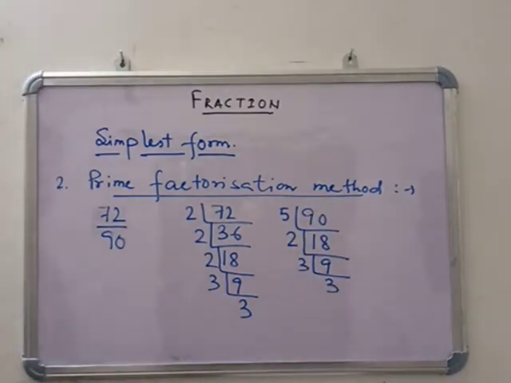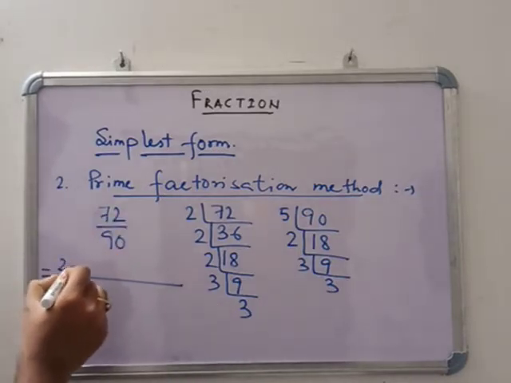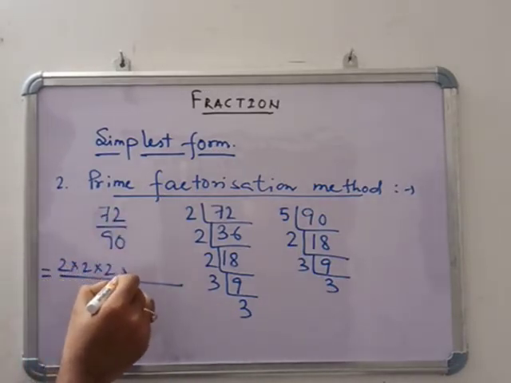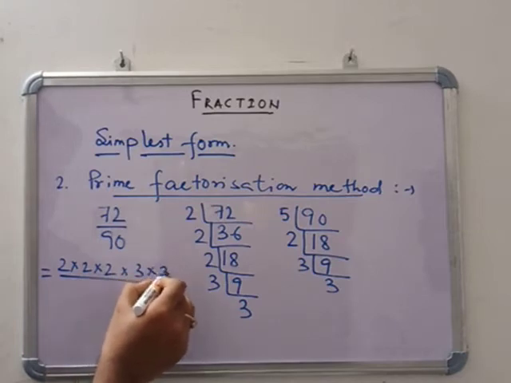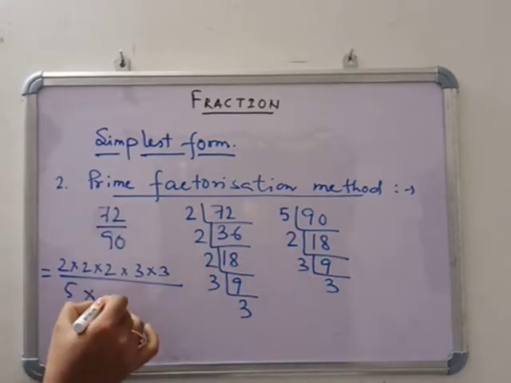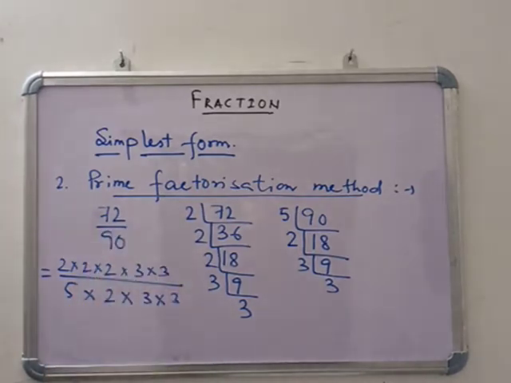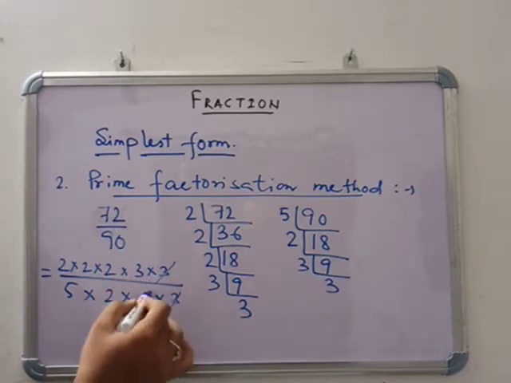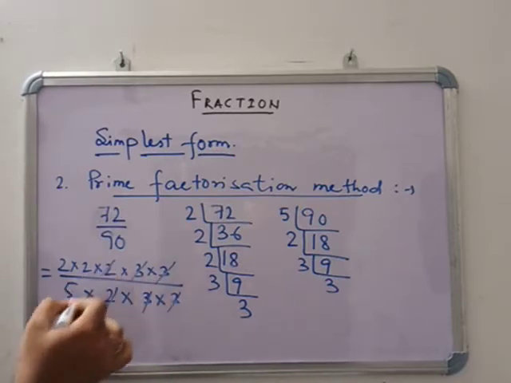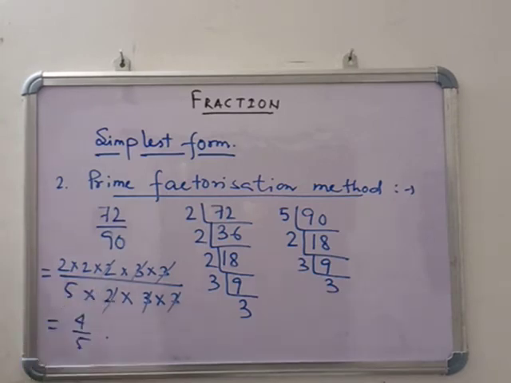So 72 is 2 into 2 into 2 into 3 into 3, and 90 is written likewise. Now these two 3s are cancelled and one 2 is cancelled. The remaining is 4 by 5. So this is the simplest form of 72 by 90.